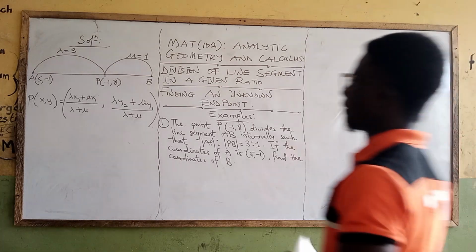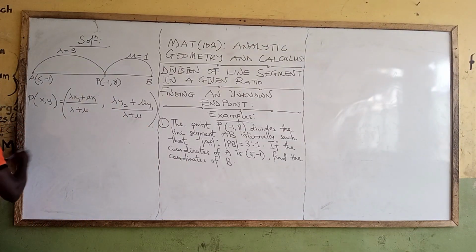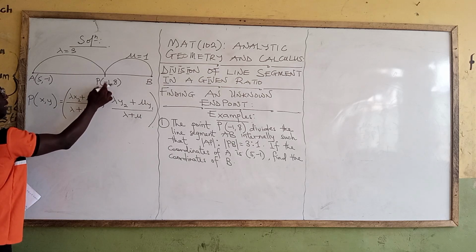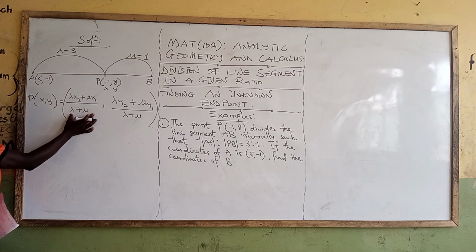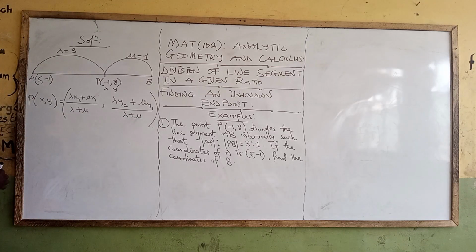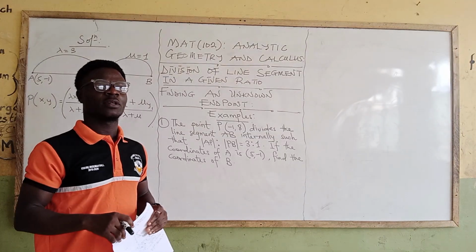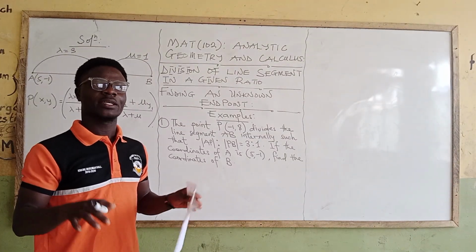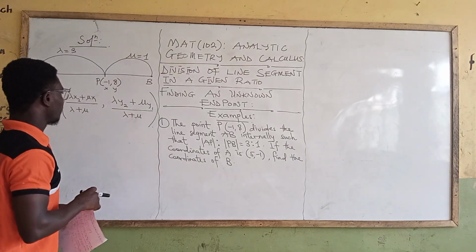So now let's see. This is the internal division. And I told you that this is point x, then this is point y. Don't forget our lesson 3: we had the midpoint.